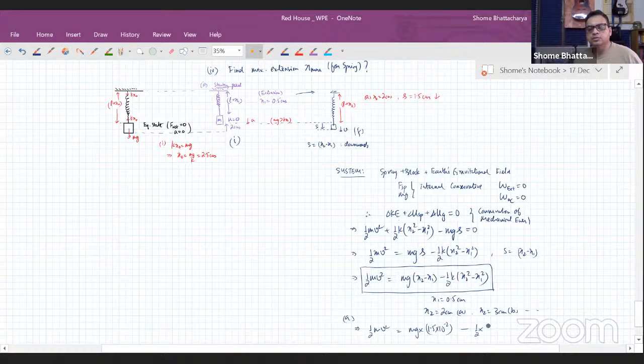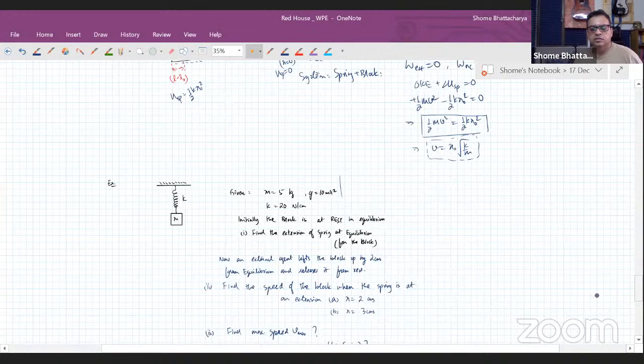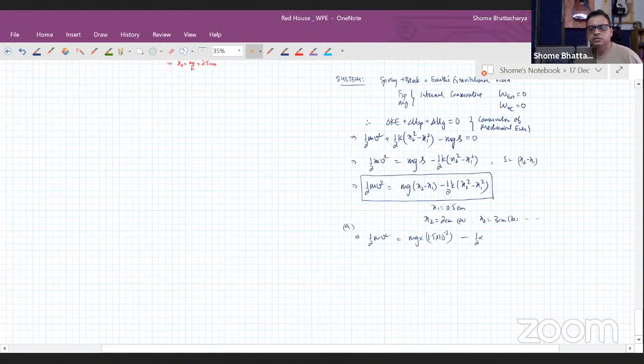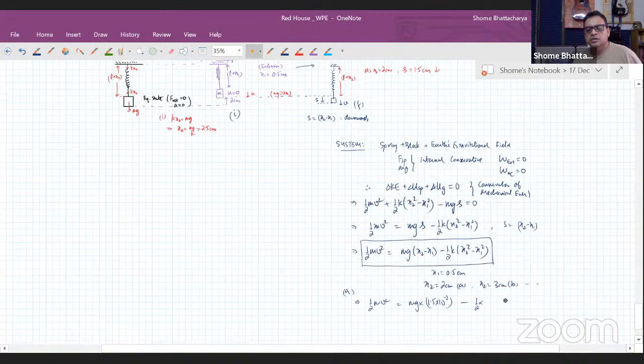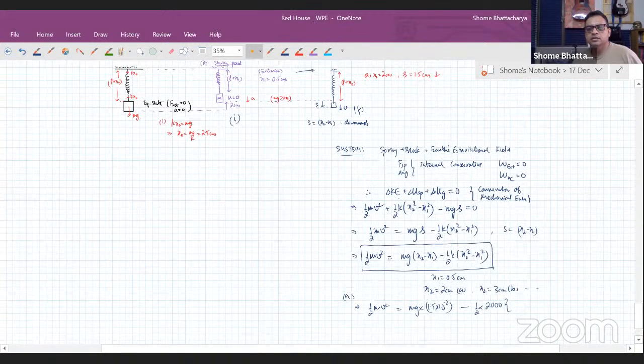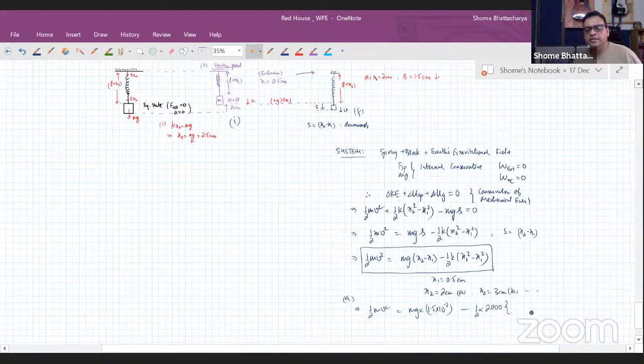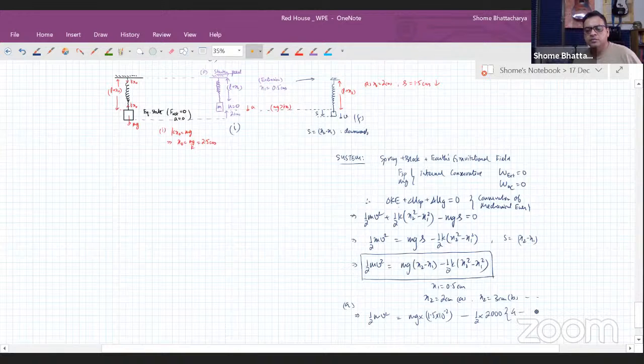Now the spring constant was how much? It was again 20 newtons per centimeter, so 2000 into x2 square. Now x2 was 2 centimeters, so that becomes 4, minus x1 square, which is 0.25, but there will be a factor of 10 raised to power minus 4 because we are converting centimeter square to meter square.